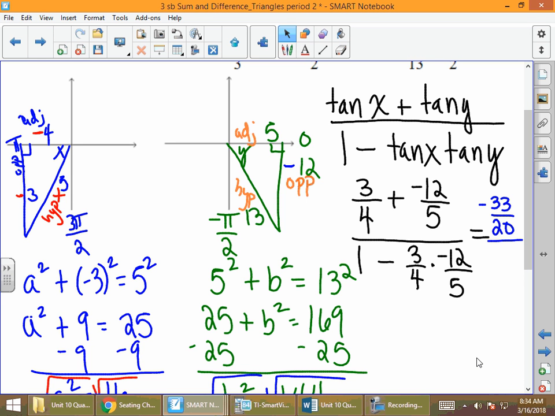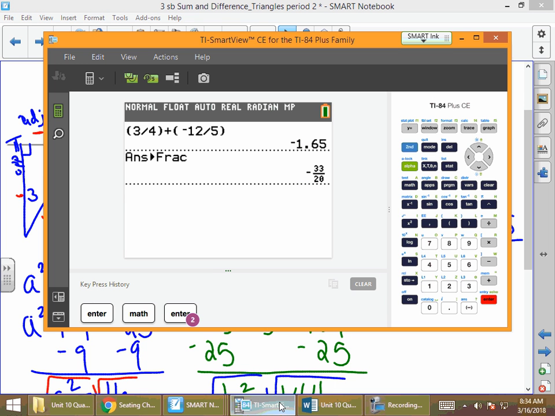And we're going to divide by, here now it's going to be 1 minus 3/4 times negative 12/5. Again, if you have a fraction button, you could have typed the entire value in. But if you don't have the fraction button, then we have 1 minus, and then I'm going to put 2 parentheses. I'm not sure if we need 2 or not, but 1 minus 3 divided by 4. And I need a second parenthesis, so I'm going to go back here.